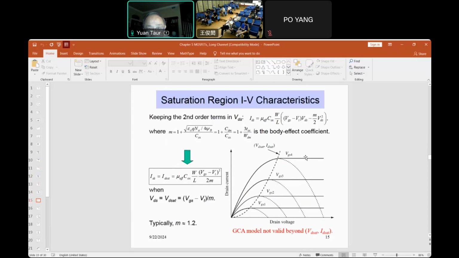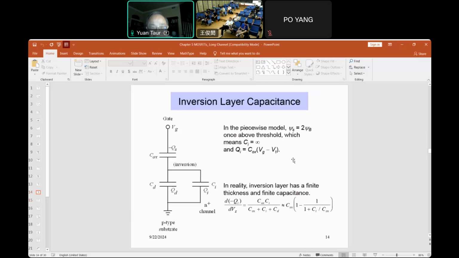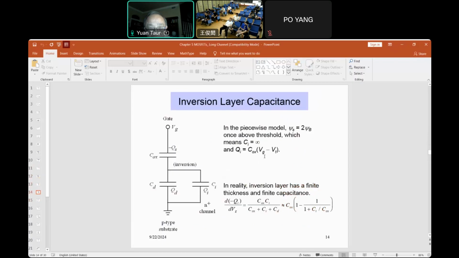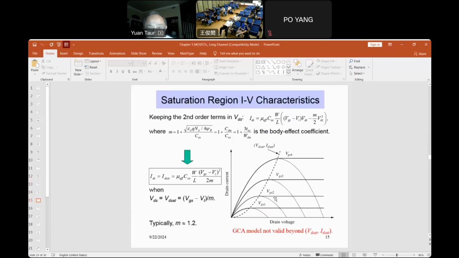Instead, we draw a line because we understand from here that once you reach saturation, the current doesn't go up with VDS anymore. Okay. So this part is not from the piecewise model, but from the charge sheet model. Okay. That's valid even beyond saturation.